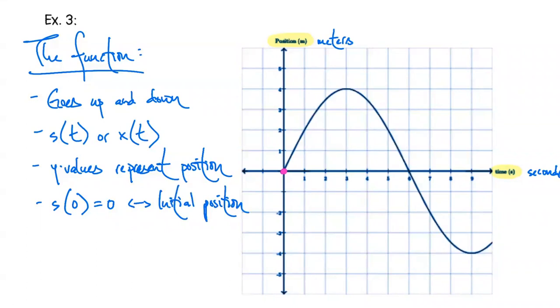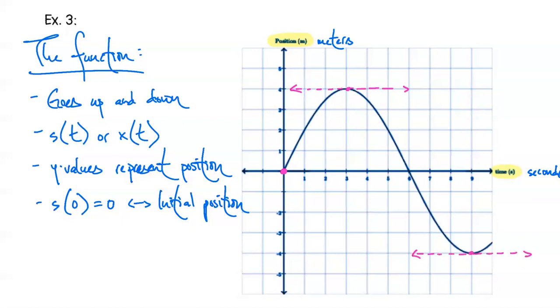There are 2 humps where it looks like velocity might be 0. If we trace this curve, the slope on this side is positive, and on this side it becomes negative, which means at some point right in the middle we have a horizontal tangent line. It looks like that might occur again down here, where we have a horizontal tangent line.